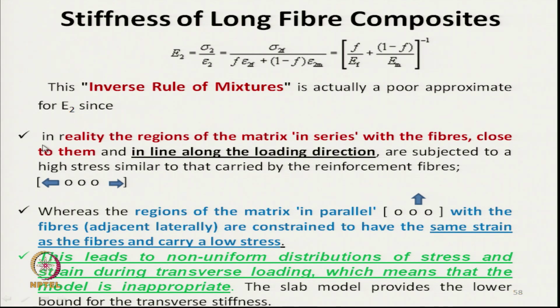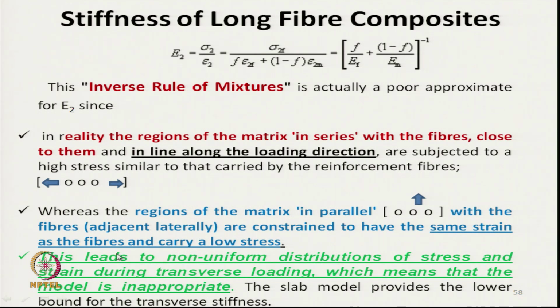So, in reality the regions of matrix in series with the fibers, close to them, in line along the loading direction, are actually subjected to higher stress.